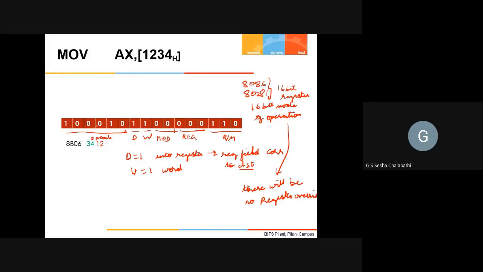This will be 1000 is 8, 1011, 8 plus 2 plus 1, that is 11. 11 is B. Okay. 0000. This will be 0 and then 0110. This will be 6. So 8B 06, and the direct data will be present as little endian, that is 3412H.